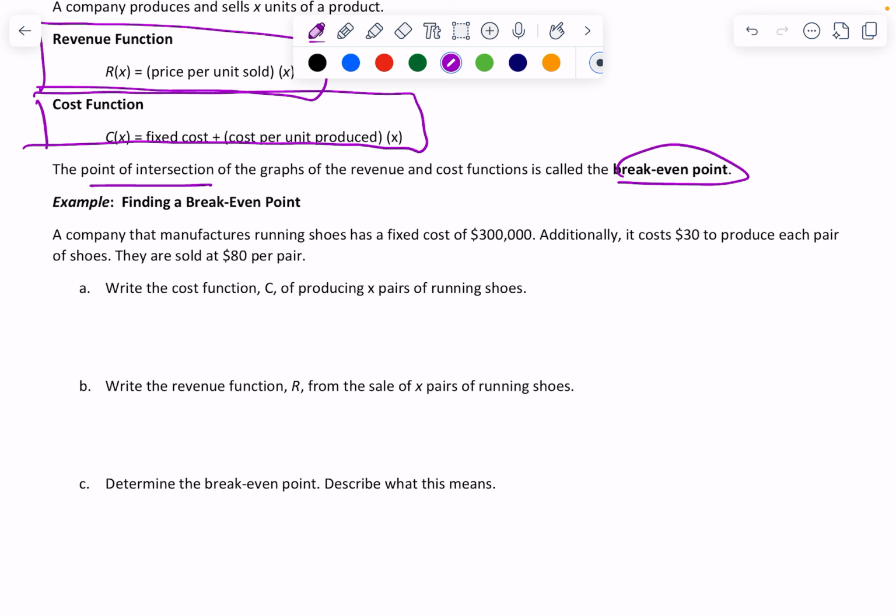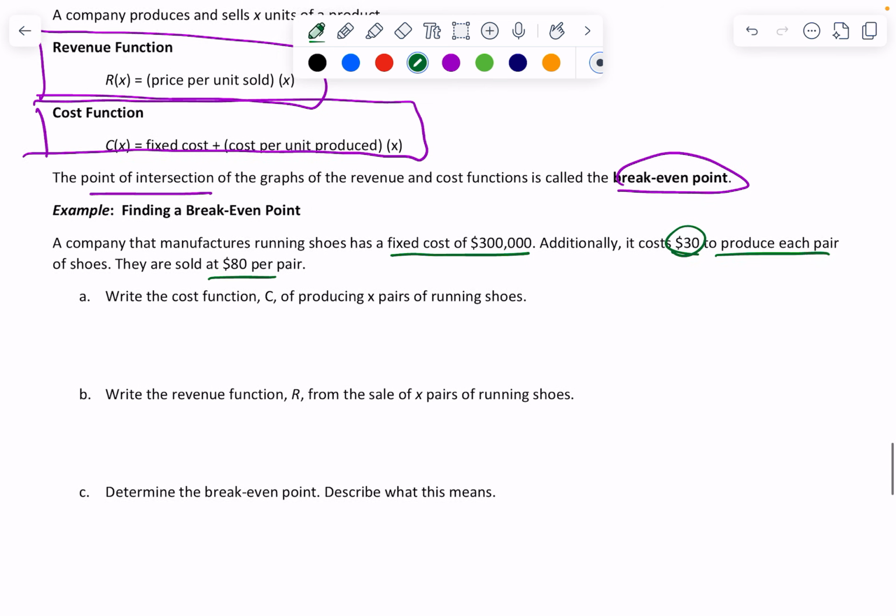We have a company that manufactures running shoes and has a fixed cost of $300,000. Additionally, it costs $30 to produce each pair of shoes. They are sold at $80 per pair. So we're going to write the cost function.